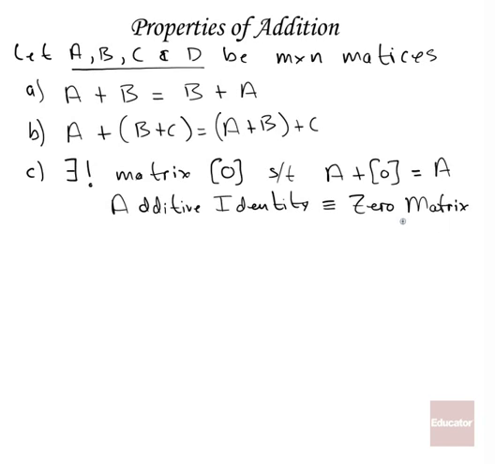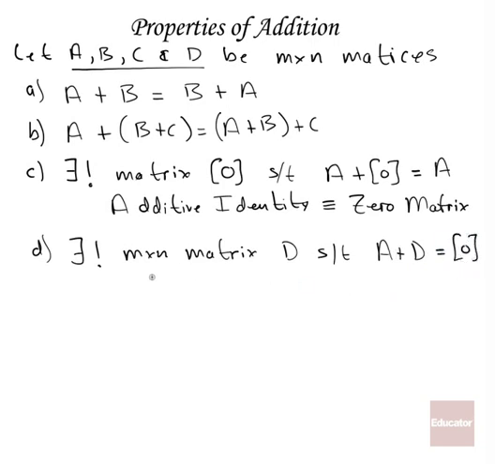Okay, and our final property, once again our little symbol: there exists a unique m by n matrix, we'll call it D, such that A plus D is equal to the 0 matrix.